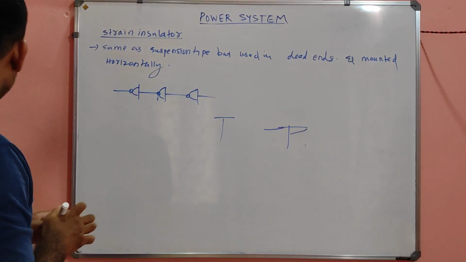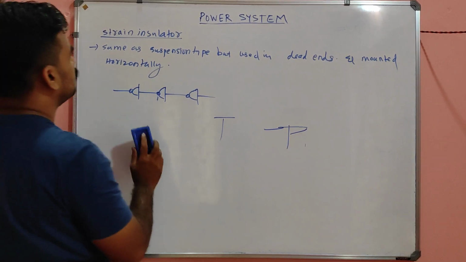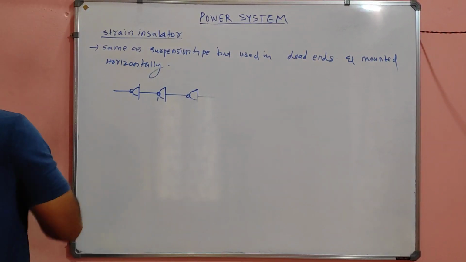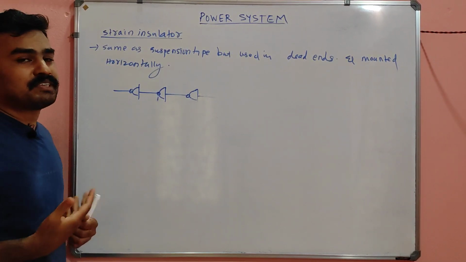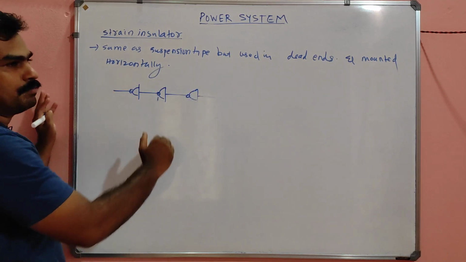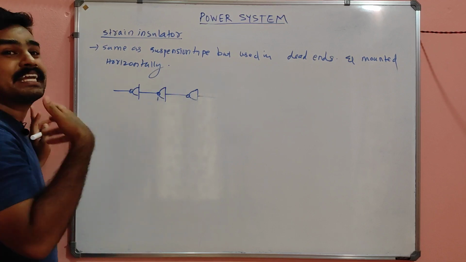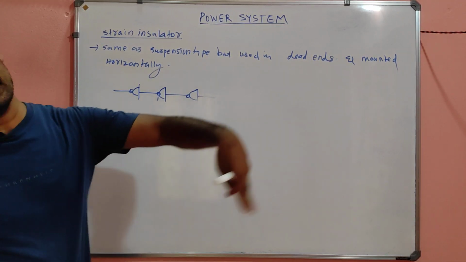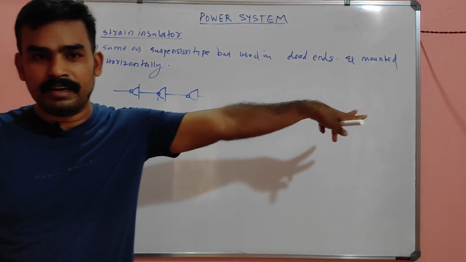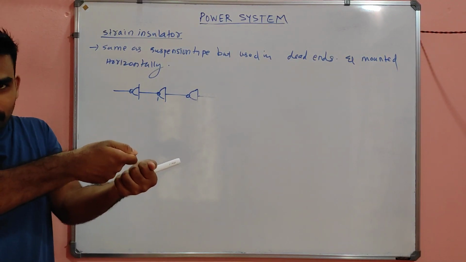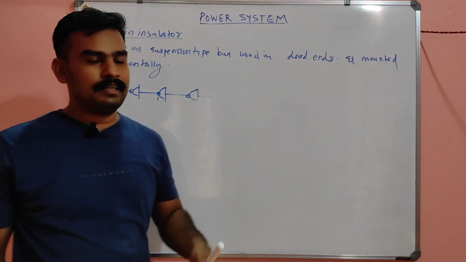So an insulator of that type at a dead end is called a strain insulator. Why the name strain? This insulator carries not only electrical strain but also mechanical strain, because it is at the farthest end. So it can carry the strain also. That is why it is called a strain insulator.